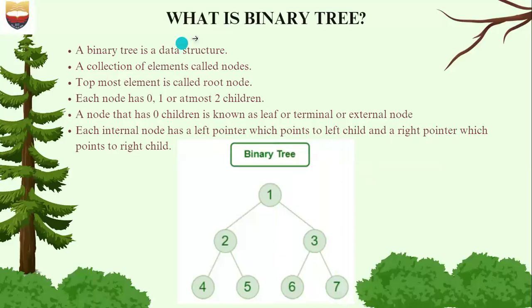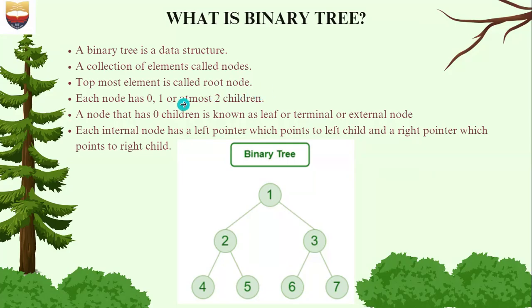Next one is, what is a binary tree? Here is the description. A binary tree is a data structure which is a collection of elements called nodes. And in this structure, the topmost element is said to be the root of the node.